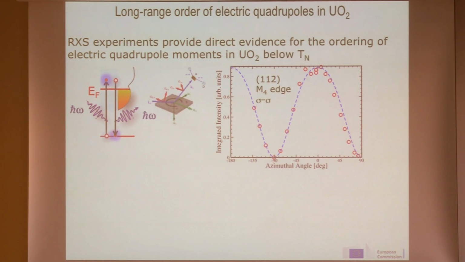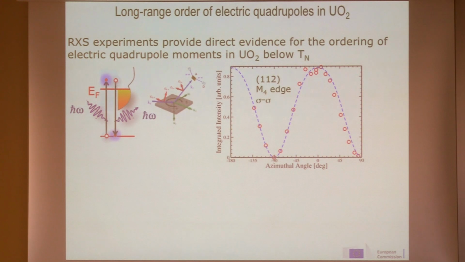One gives rise to dipole excitations, the other to quadrupoles. In the amplitude, then in the intensity, you have dipole-dipole, dipole-quadrupole, and quadrupole-quadrupole terms. These excitations are coupled to order parameters of different rank.